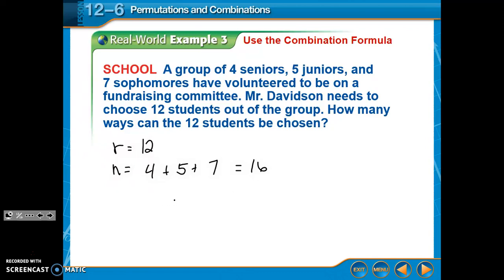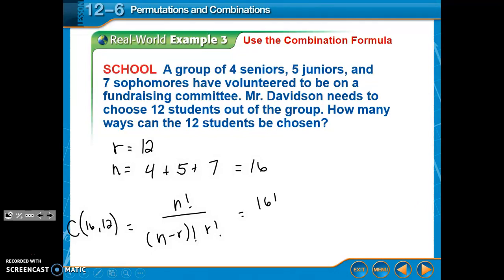So we're using our formula, n factorial over n minus r factorial times r factorial. And we're saying this is the same thing as a combination where we have 16 to choose from and we're choosing 12. So this is going to be 16 factorial over 16 minus 12 factorial times 12 factorial. So we want to be able to put this in.